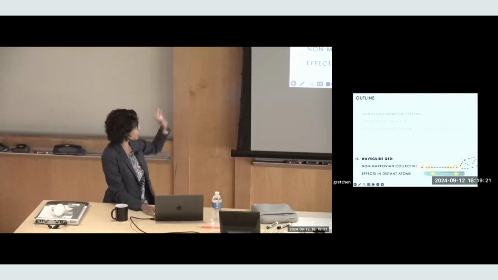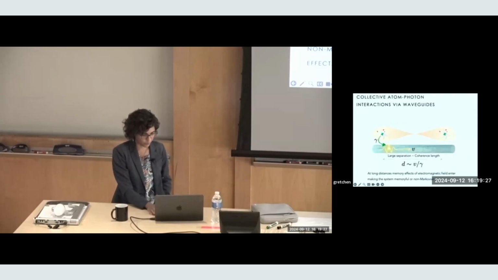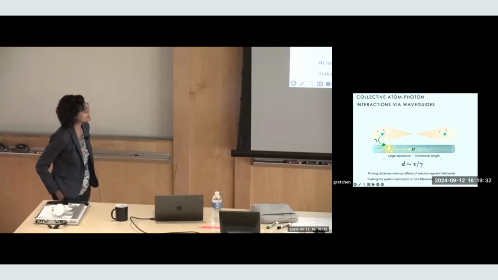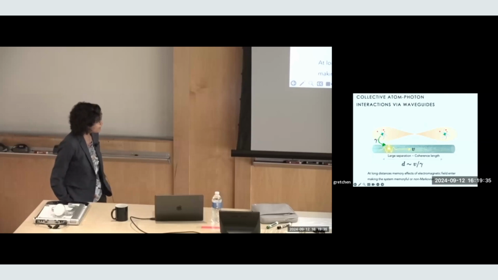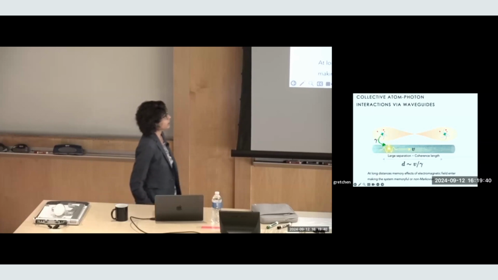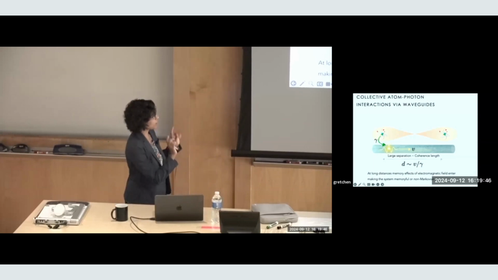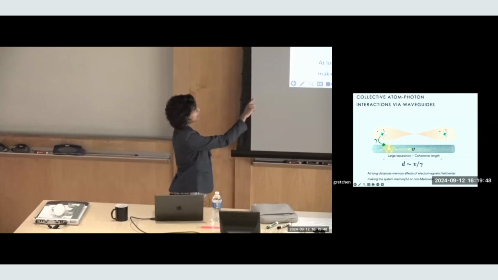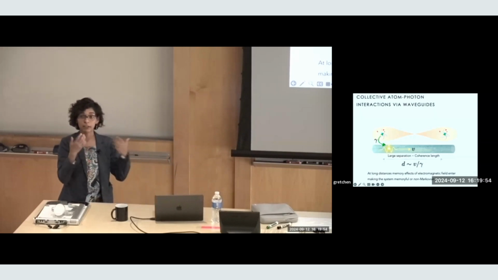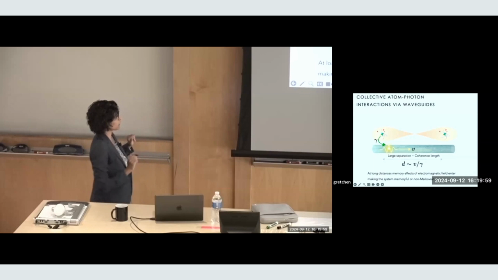Yes, so this brings me to the next rabbit hole I want to jump into: waveguide-coupled atoms at long distances. The idea is that when we are coupling two atoms over a very long distance, and by very long distance, the separation that I mean is this length scale v over gamma, where v is the speed of light in this waveguide, and gamma is the rate of spontaneous emission associated with the atomic system, okay?